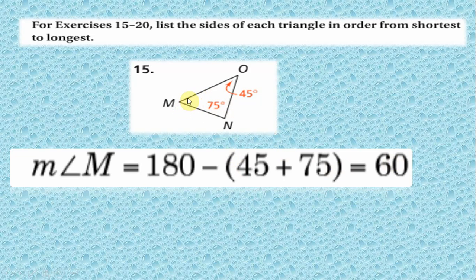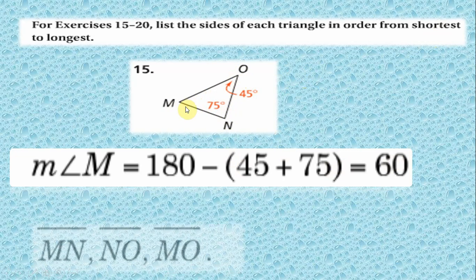Then angle M is 60. The order from the smallest to the greatest: the smallest one is 45, the opposite is MN, then 60, O, then 75, MO.